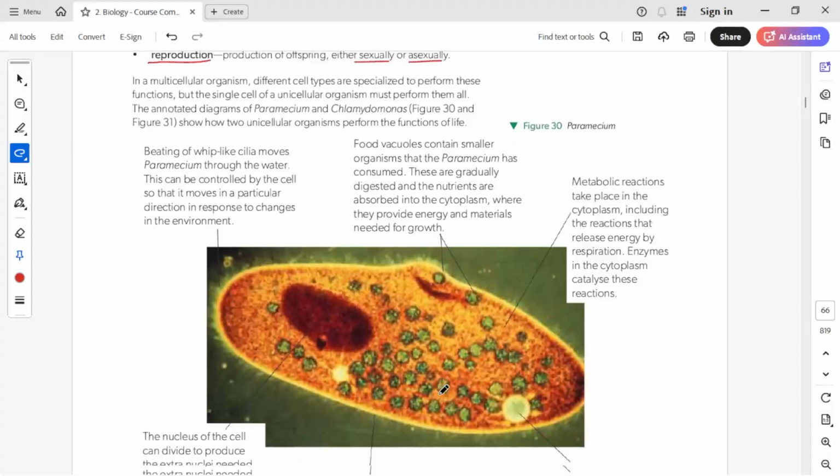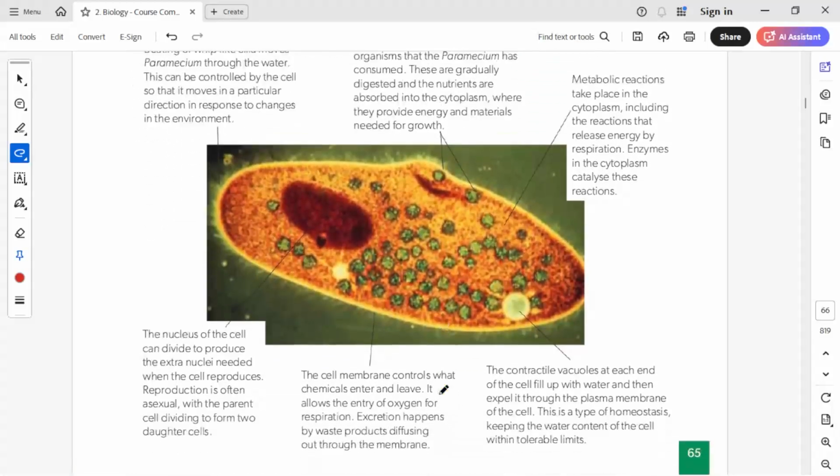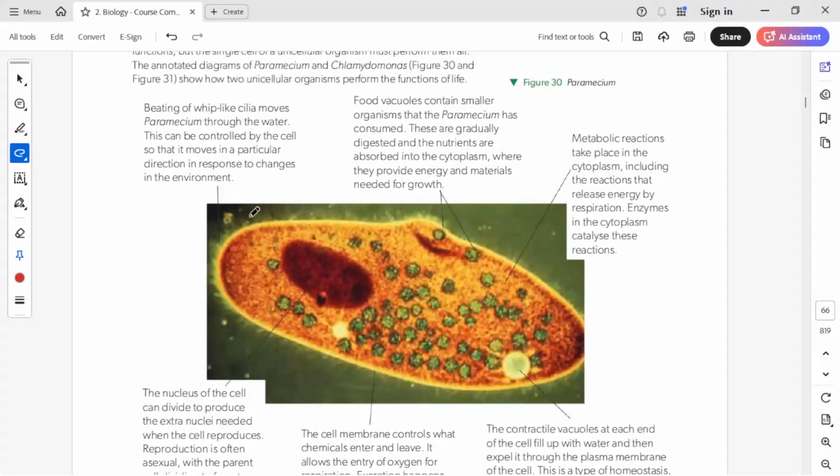First, let's look at Paramecium. Beating of whiplash-like cilia: these small projections, the yellow projections coming outside from the cell, are the cilia, and their beating helps the Paramecium move through the water.